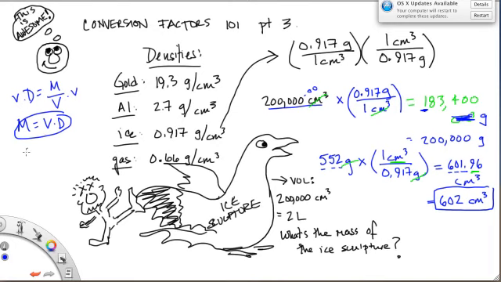If we look at density equals mass divided by volume and I want to solve for volume, I'd end up with volume equals mass divided by density.